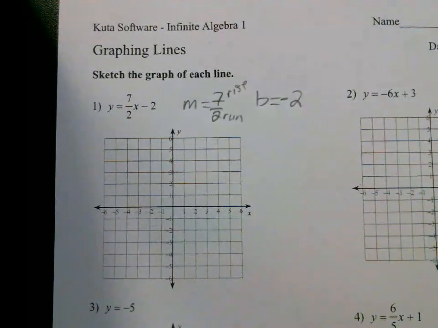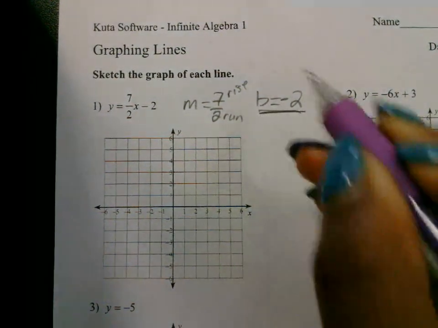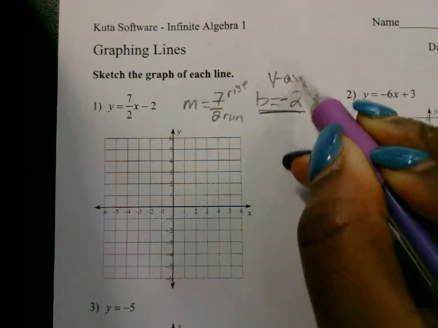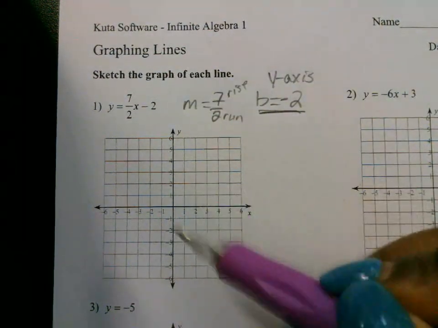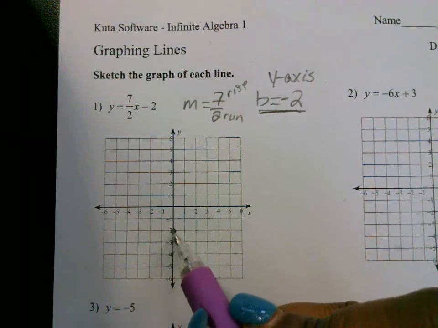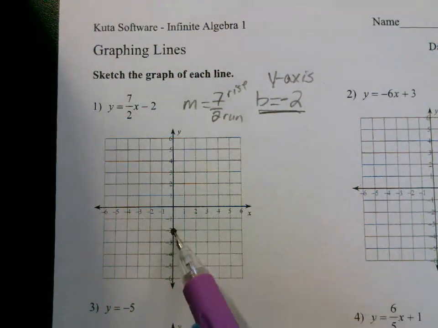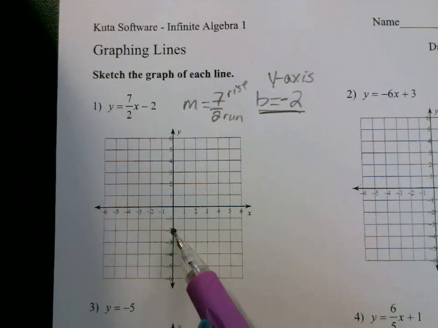So now after you label, you're going to graph your B on the y-axis. So negative 2 on the y-axis is right here. Now you're going to use rise over run to put points on the line.